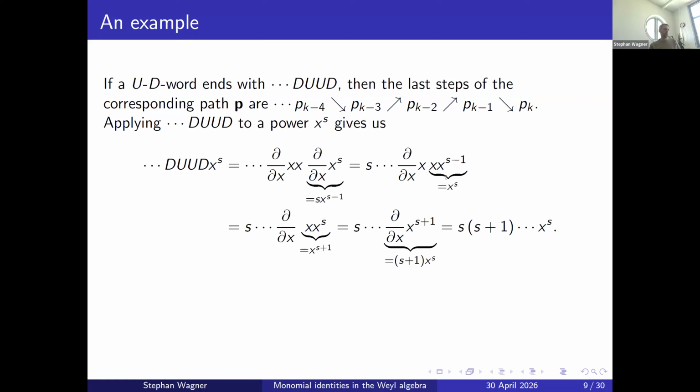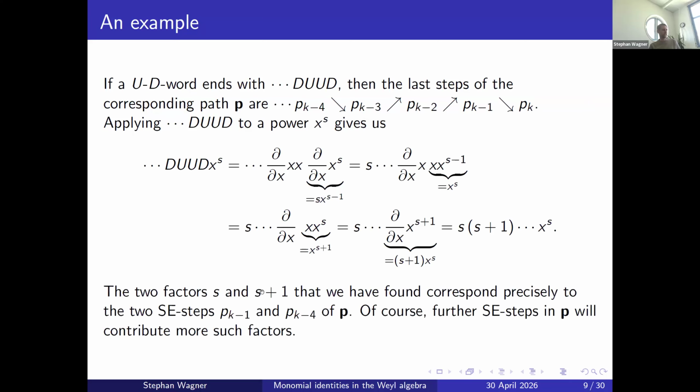Then I multiply by x twice, so I get x to the s, then x to the s plus 1, and then I differentiate again, giving me a factor s plus 1, and the exponent goes back to x to the s. So I've got s times s plus 1, x to the s. And the two factors s and s plus 1 correspond exactly to the two times when I went down. That was here and here. That was the two D's. They correspond to the southeast steps, the down steps.